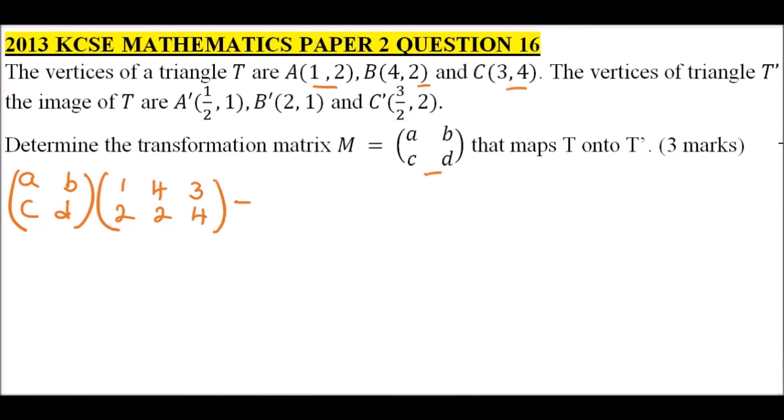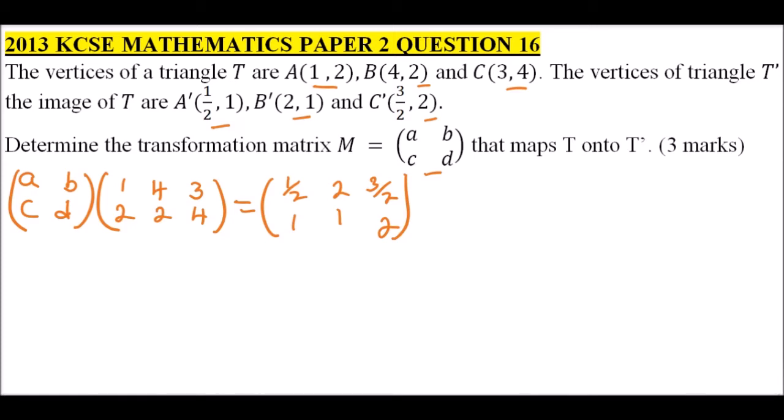This should give us the matrix formed using the coordinates of the image: this is (1/2, 1), this is (2, 1), and this is (3/2, 2). So this is going to help us get our A, B, C, D.